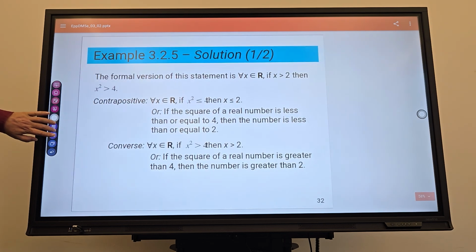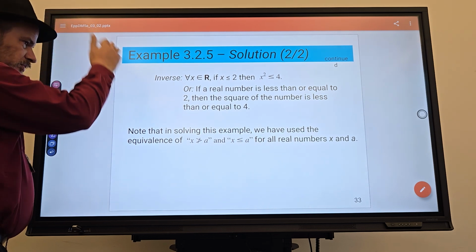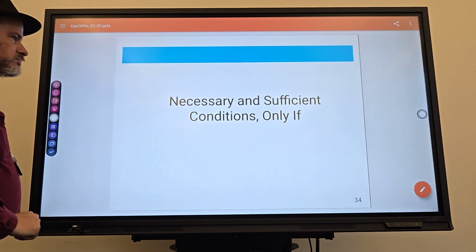Inverse: if x is less than or equal to 2, then x squared is less than or equal to 4. Note that solving this example, we have used the equivalence of x is not greater than a and x is less than or equal to a for all real numbers x and a.